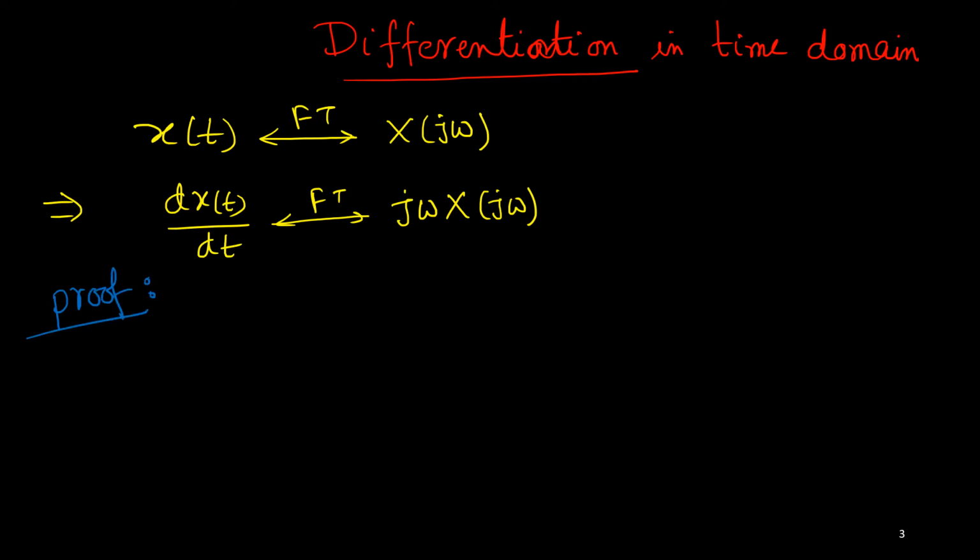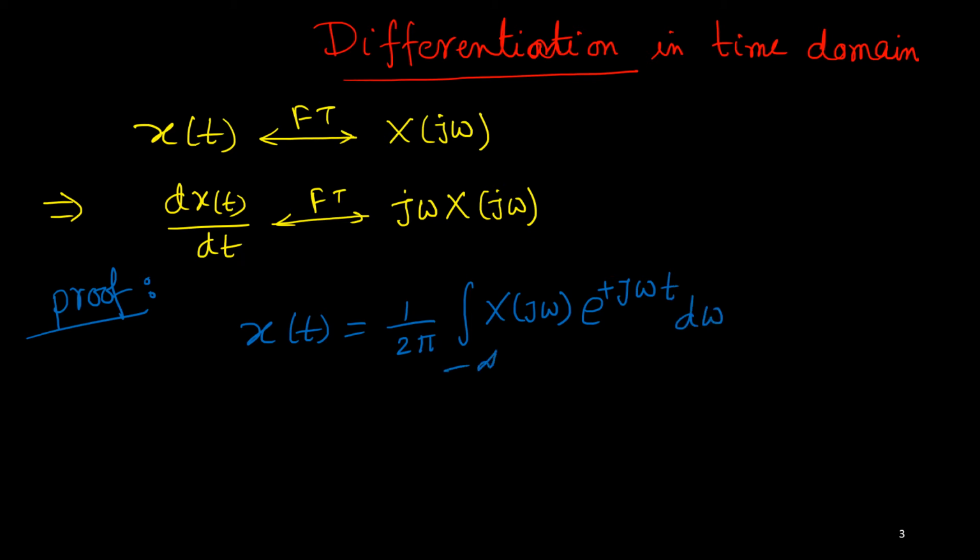Now we'll start with the inverse Fourier transform. If we consider the inverse Fourier transform, then x(t) we can write as 1 upon 2 pi, integral from minus infinity to infinity of capital X of j omega e to the power plus j omega t d omega.